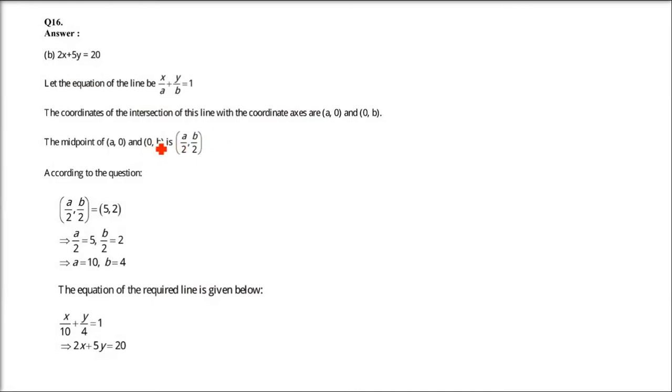Here we have question number 16. If the point 5, 2 bisects the intercept of a line between the axes, then its equation is. So we have a point 5, 2. So that 5, 2 is actually a by 2 and b by 2. How? We have coordinate axis here.